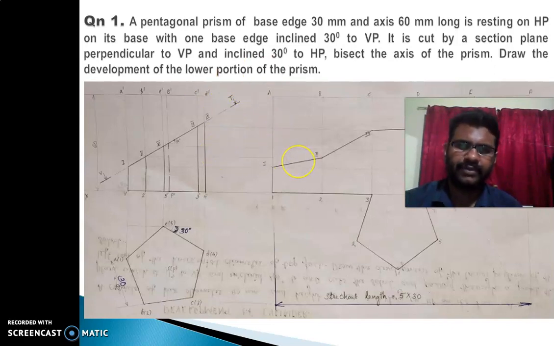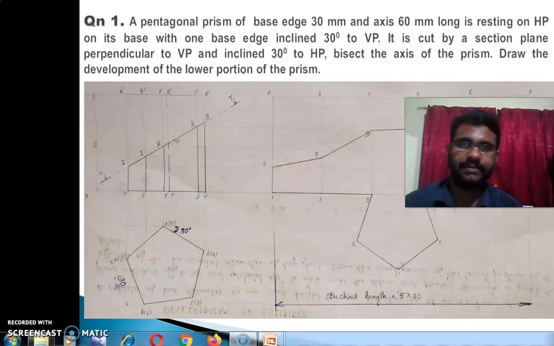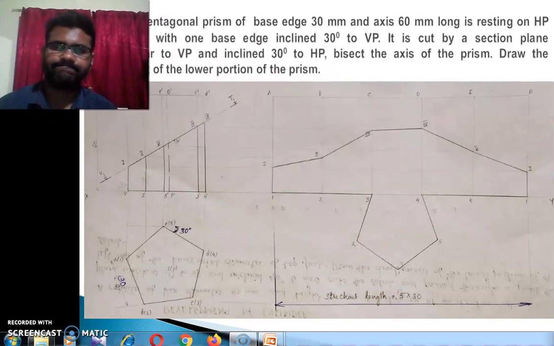So let us discuss how to draw the development of the given prism in this condition. Suppose we are developing only the lateral surface, that is, the side faces, and we are neglecting the end faces. Just imagine this prism without end faces, and we are unfolding the lateral surfaces.